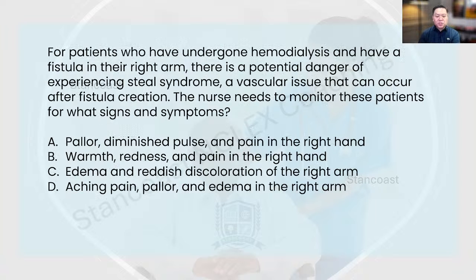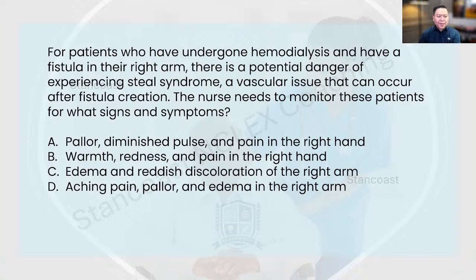Now we're going to move on to the last question of the day. For patients who have undergone hemodialysis and have a fistula in their right arm, there is the potential danger of experiencing steal syndrome, which is a vascular issue that can occur after fistula creation. So the nurse needs to monitor these patients for what signs and symptoms?